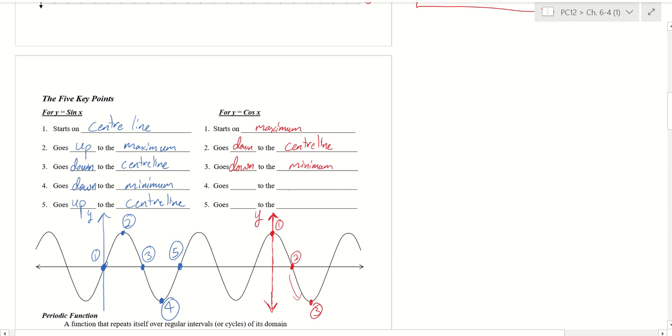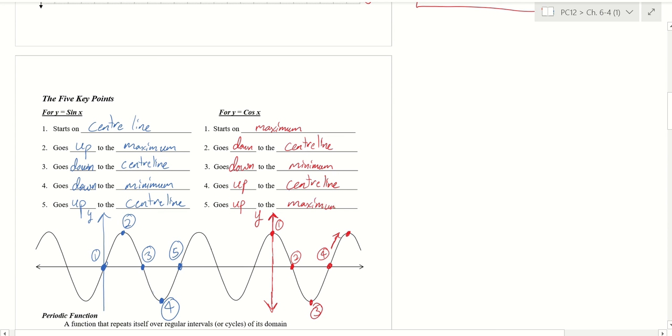That's what cosine does. And then cosine goes up. It changes direction, as it should after the minimum. So it goes up to the center line. And then after this, it continues increasing until it hits the maximum again. So it goes back up to the maximum.